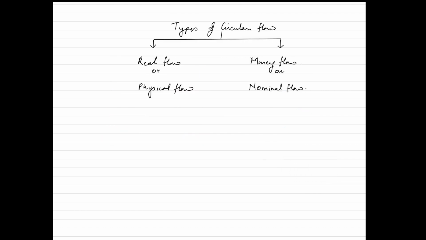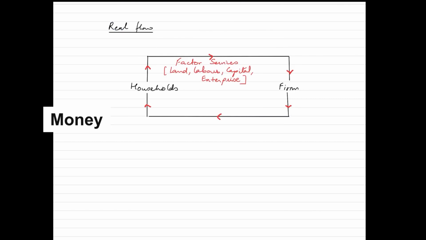Now, there are two different types of circular flows. The first flow is called the real flow or physical flow, and the second flow is called the money flow or nominal flow. A real flow would involve movement of factor services from households to firms.